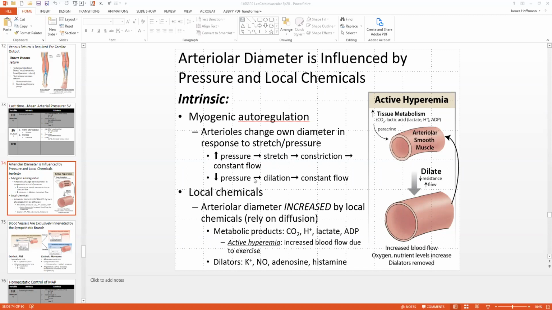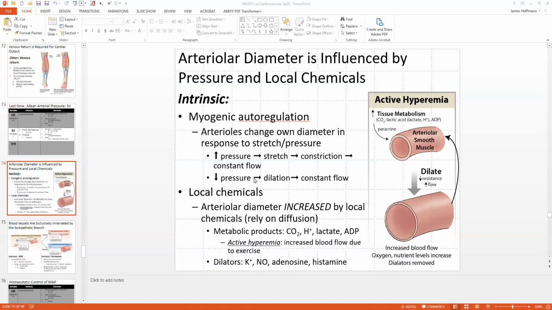I don't want that flow to increase, so the vessel pushes back on it and tries to maintain the same radius so that constant flow happens. You're trying to make up for the change in pressure by changing the radius of the vessel to keep flow the same.